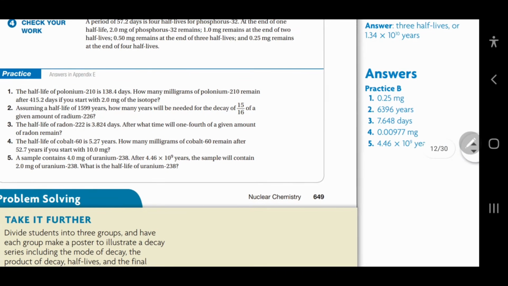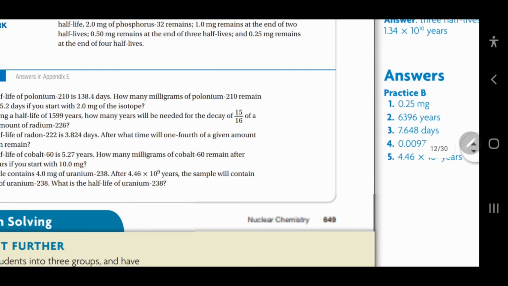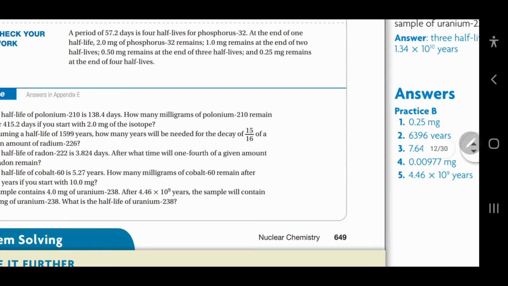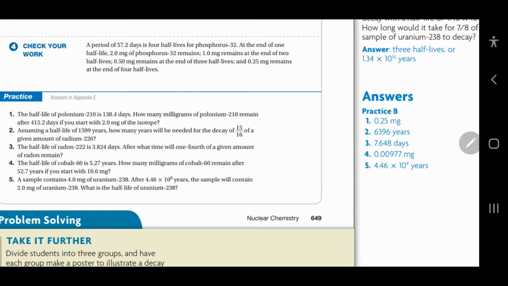You can check it and you can see the answers to check your calculations. Most of the questions here were already solved before.